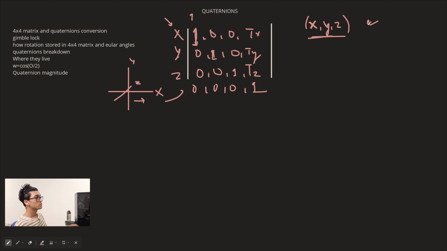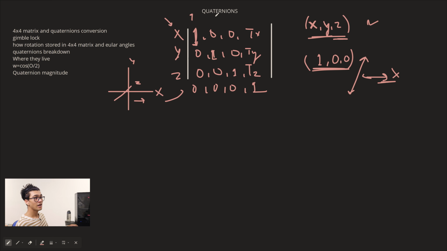So we represent this like this. If I'm saying that the x is 1, y is 0, and z is, let's say, 0, that means this axis is facing in the x direction, right? And when I said axis, I didn't say vector. I will just clear this out too.